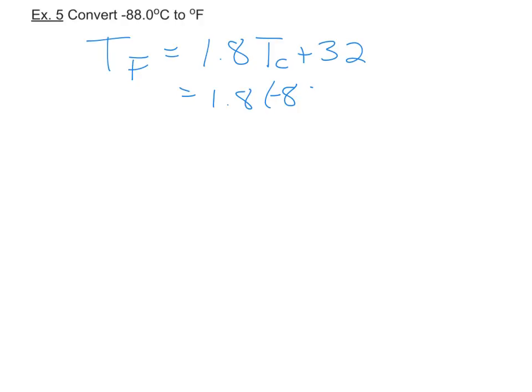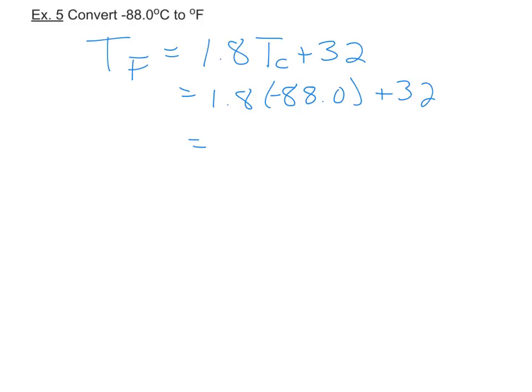So converting again, we can still convert negative temperatures, so we want to convert this to Fahrenheit, so we'll use our Fahrenheit formula. The Fahrenheit temperature is equal to 1.8 times the Celsius temperature plus 32. So 1.8, our Celsius temperature is negative 88.0, plus 32.